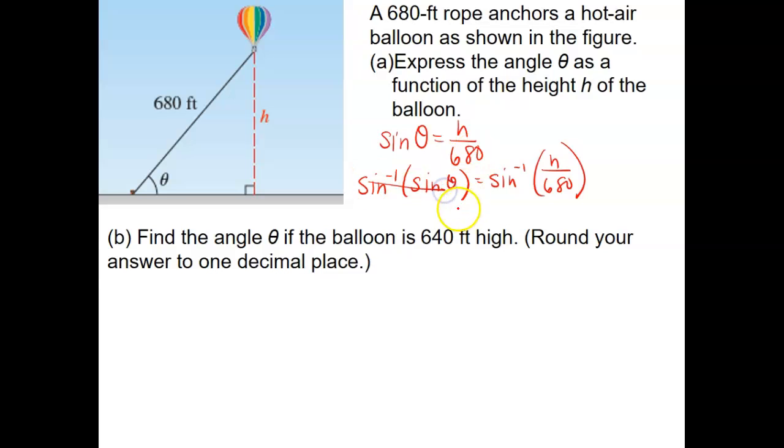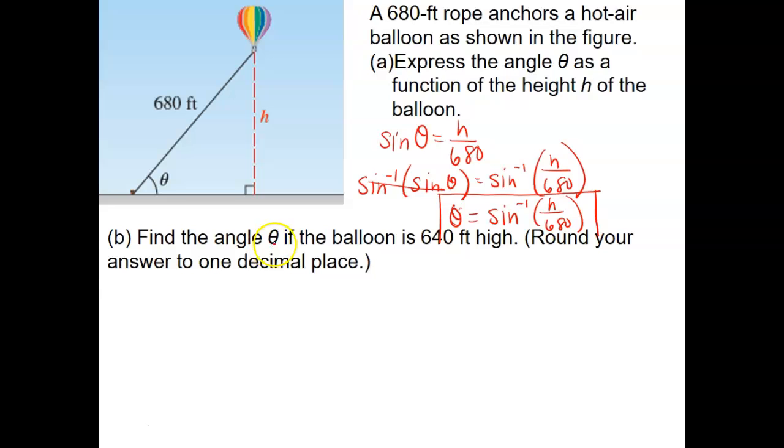This is going to cancel, and so I'm going to get theta equals the inverse sine of h over 680. And so that's what it means when it says express the angle theta as a function of the height h. So it's an expression like this.